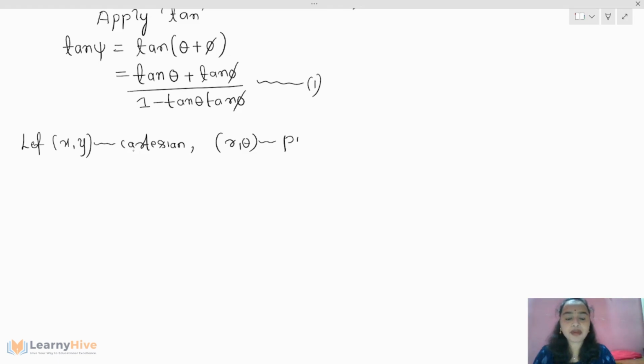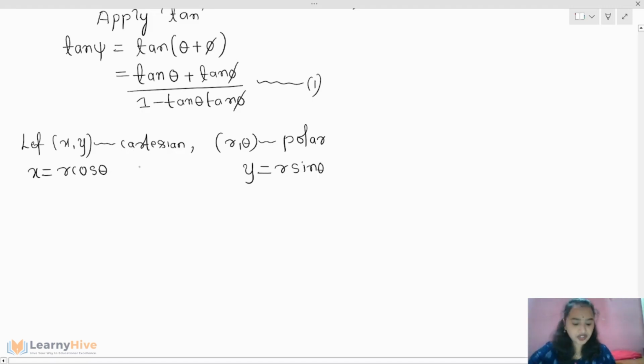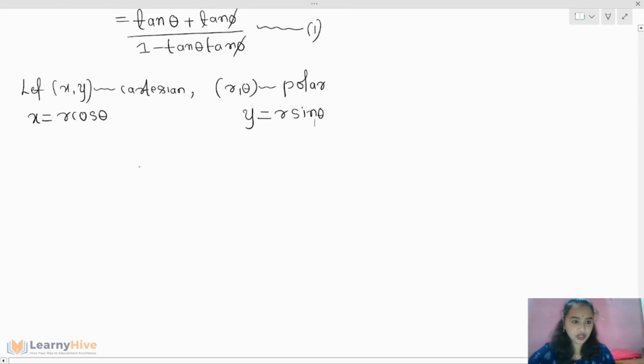From the relation between Cartesian and polar, we have the value of x as r cos theta, and at the same time the value of y as r sin theta. Now let us differentiate both x and y with respect to theta.